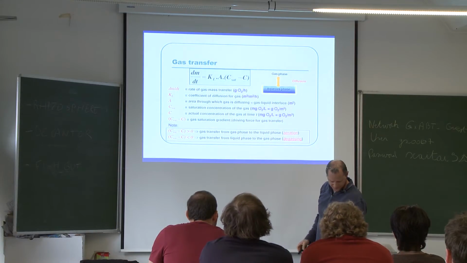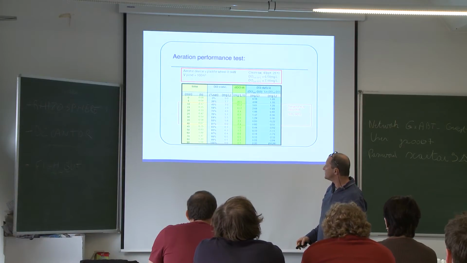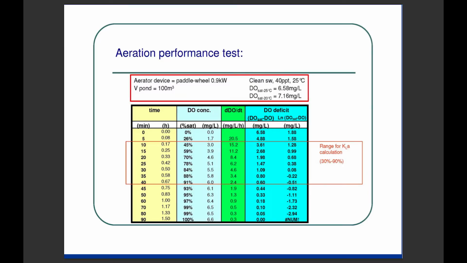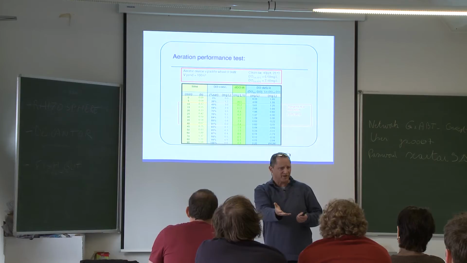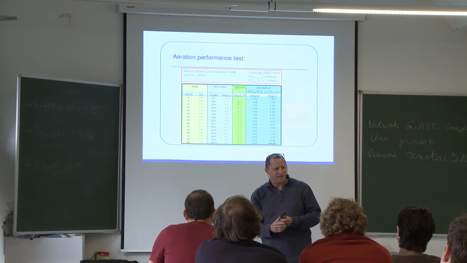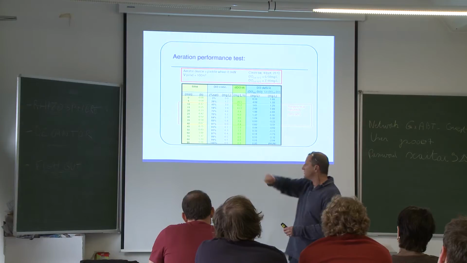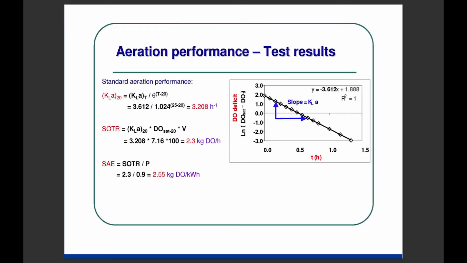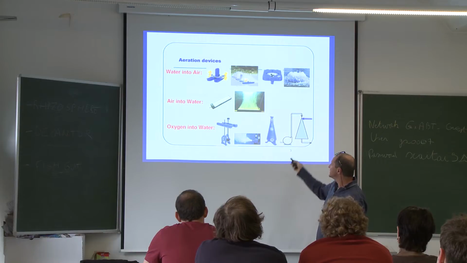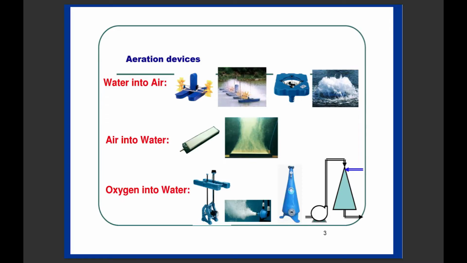That's why it's logarithmic, and we can run these experiments where we reduce the oxygen concentration in water to almost 0, operate our aeration device, and measure the concentration over time, create these graphs, and get all these constants that tell us the oxygen transfer rate of our device.